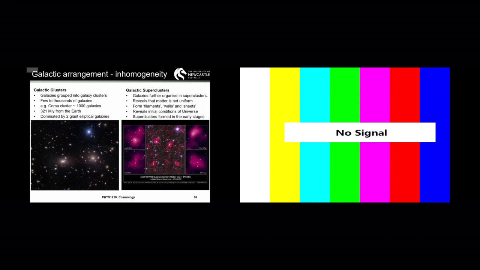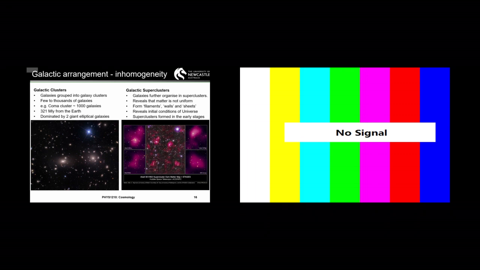So this is going back a little bit to the ideas in that initial video, where this arrangement of galaxies was seeded by the conditions in the early universe. Very shortly after the Big Bang, we think the density of material was not completely uniform everywhere.